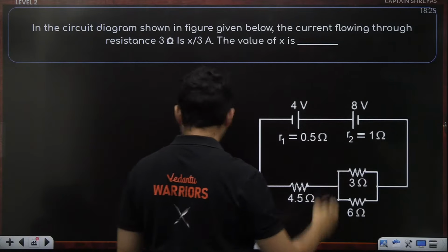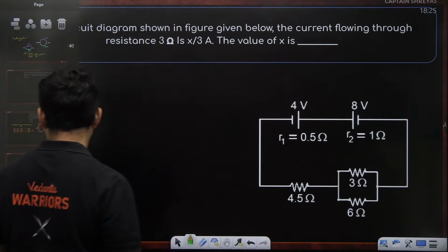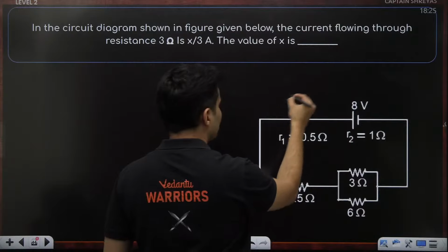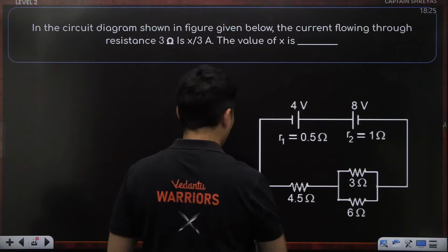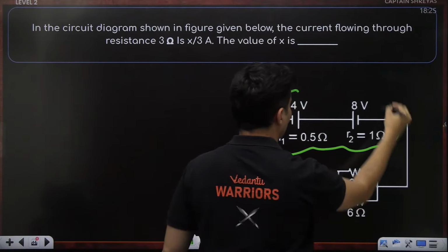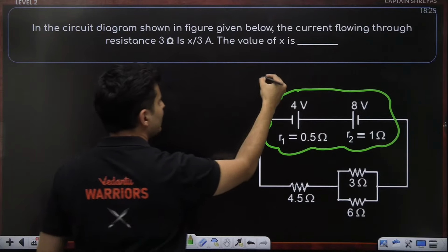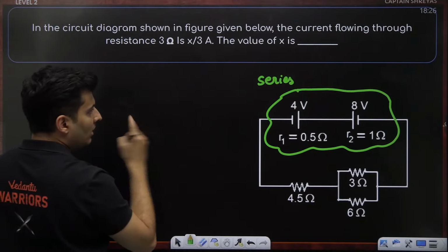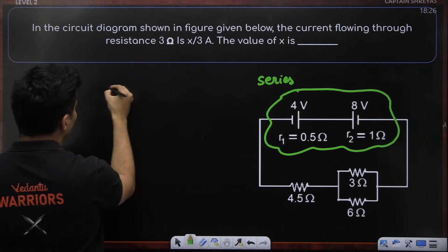Can I not convert it as one single battery? I think so. Just look at these two. What are they? There are two batteries in series. So 8 volts here, 4 volts here.